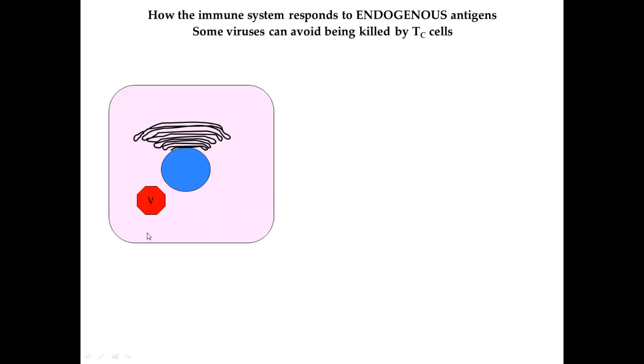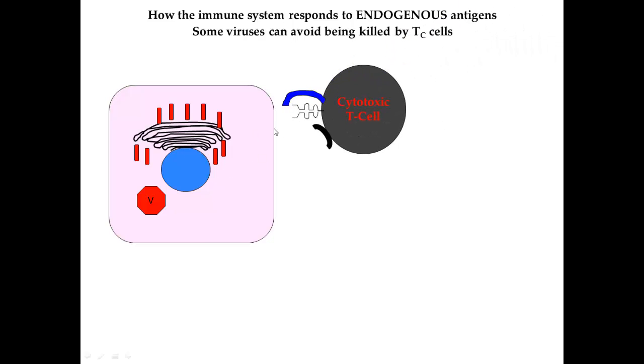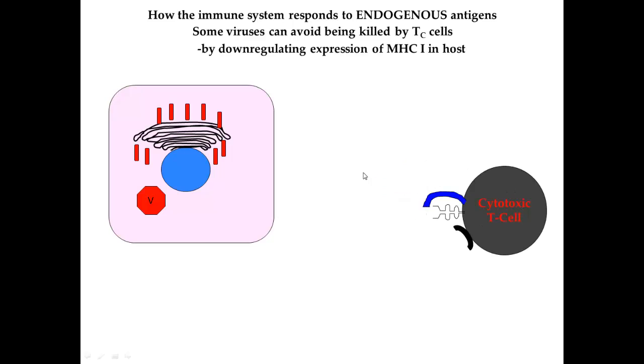With no MHC1 on its surface, these viral proteins that then become produced have no way of being loaded up and displayed to cytotoxic T cells. So cytotoxic T cells will not recognize these virally encoded cells. So they do this by downregulating expression of MHC1 in the host. An example of a virus that does this is HIV.